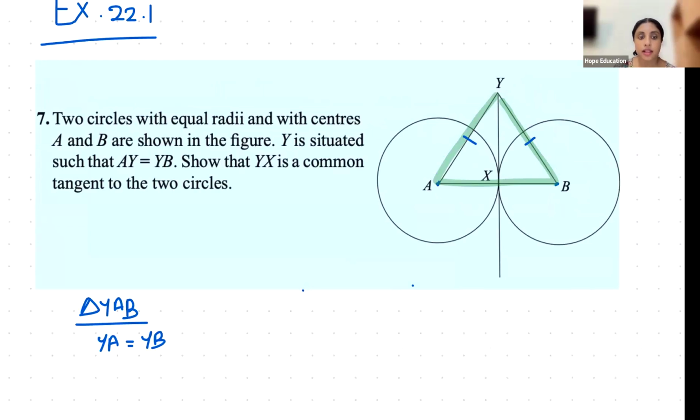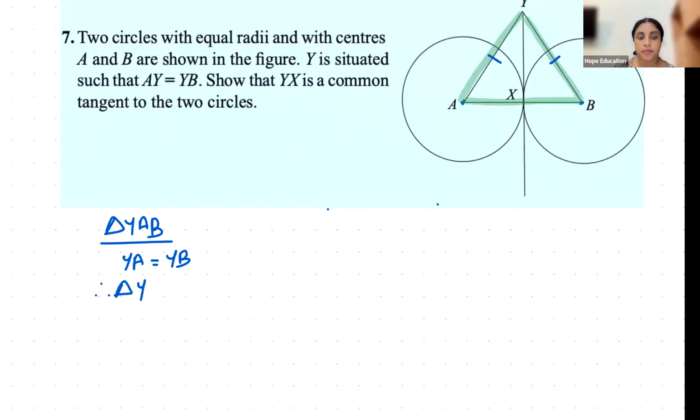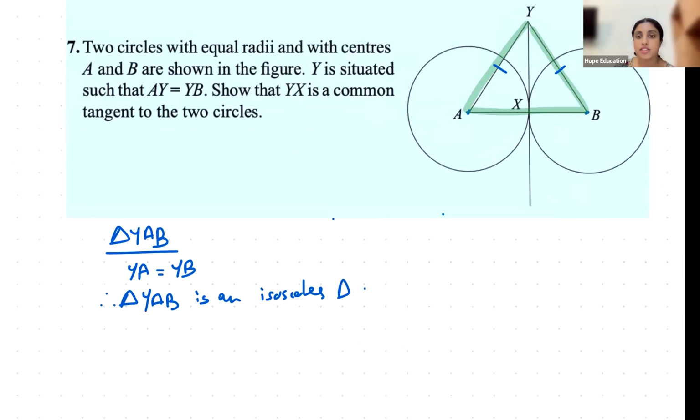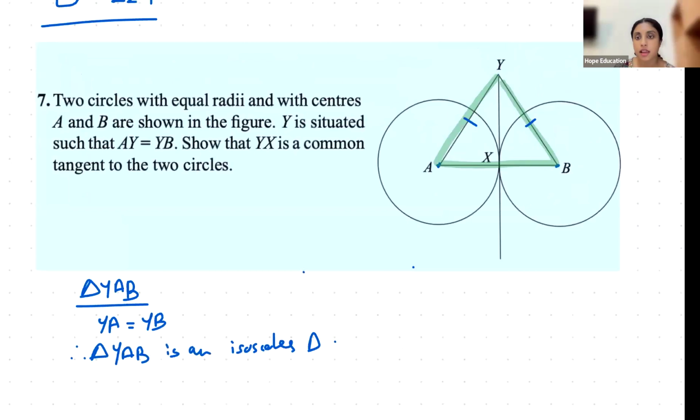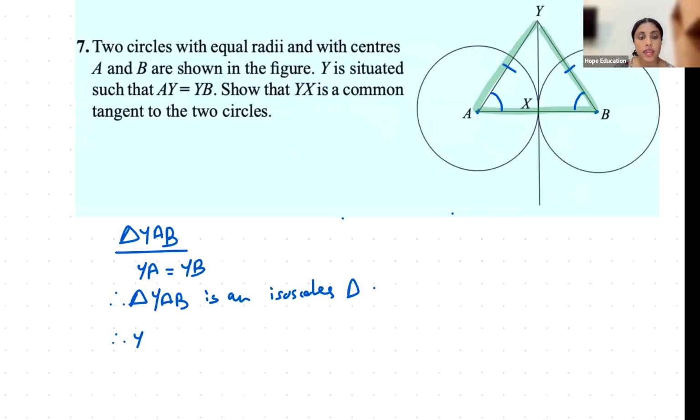Therefore, we can say triangle YAB is an isosceles triangle. In an isosceles triangle the base angles are equal, so YAX equals YBX. Reason: base angles of an isosceles triangle.